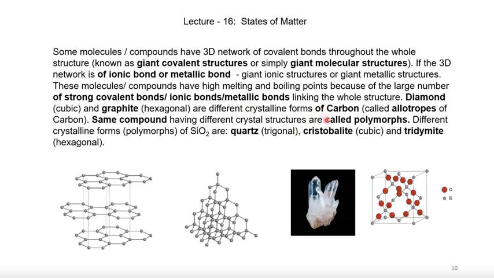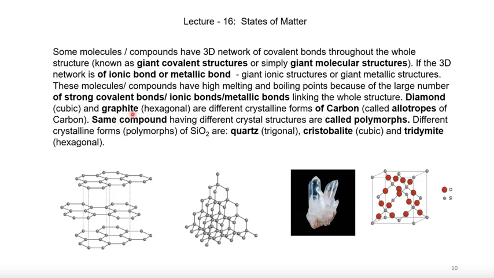In carbon we can have more allotropes, but we discuss only 2 allotropes here: diamond and graphite. An element having 2 or more forms with different structures, we call these forms allotropes of that element.